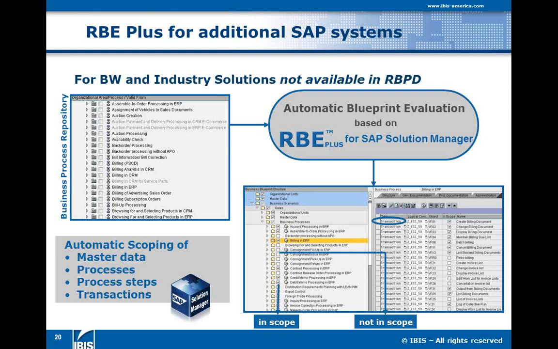Now, this RBE Plus content was what formed the basis of reverse business process documentation content, and SAP asked us to partner with them and create that reverse business process documentation content for the Solution Documentation Assistant from there. But again, not all systems are analyzable with that RBPD content, and so in that case, we have RBE Plus services to support you.